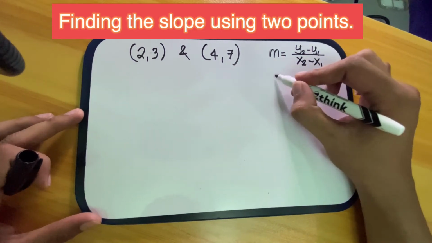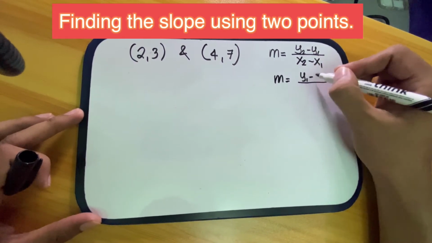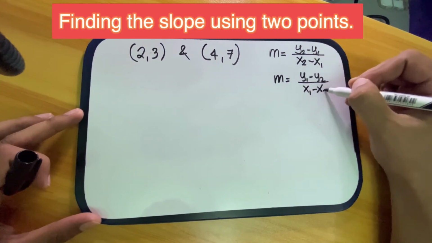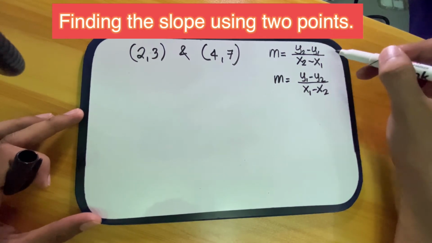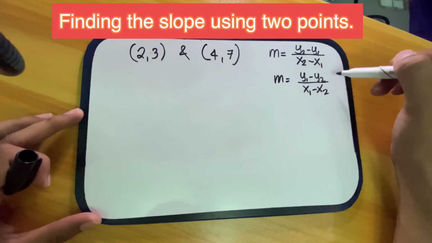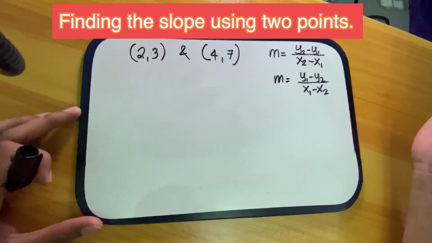Or you can write your formula as y sub 1 minus y sub 2 over x sub 1 minus x sub 2. They have the same answer, so it's up to you whether to use formula number 1 or formula number 2.